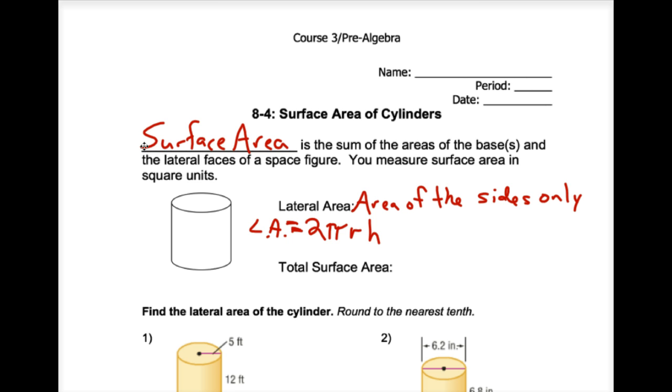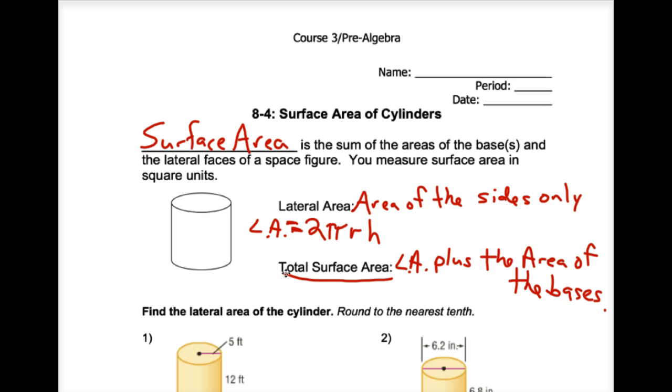Now, the total surface area is the lateral area, abbreviated LA, plus the area of the bases. It's the total surface area.